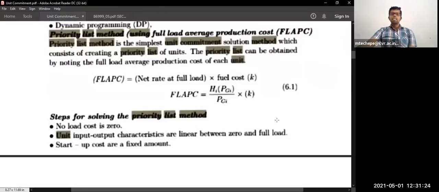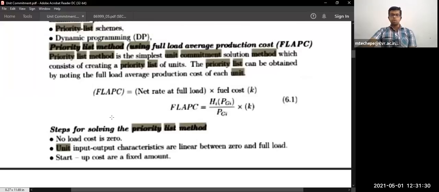What are the steps for solving the priority list method? We are going for certain assumptions. Why? Because this unit commitment problem, as I said, is very complex to solve. The load may be changing minute by minute, even second by second.